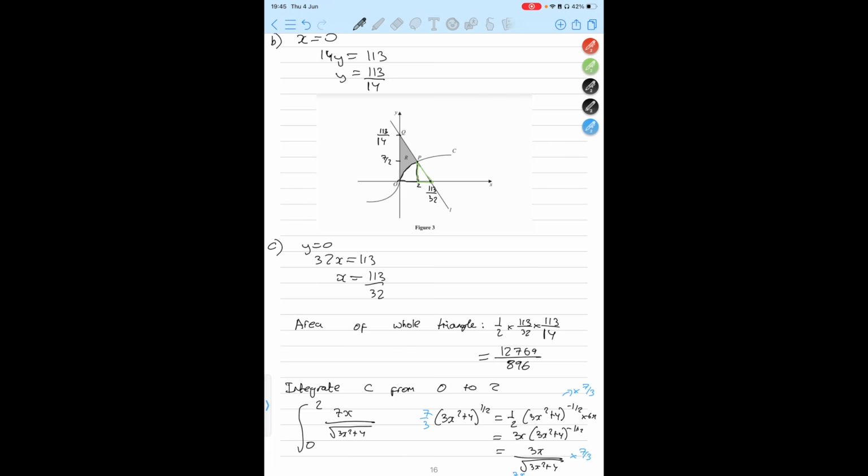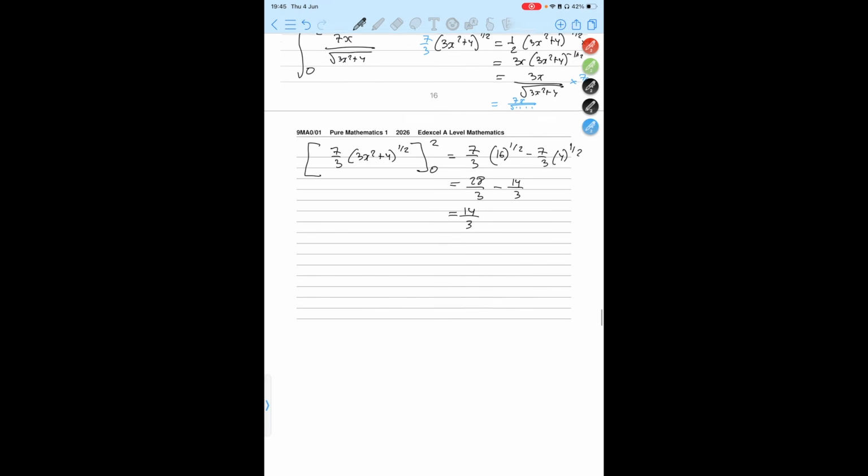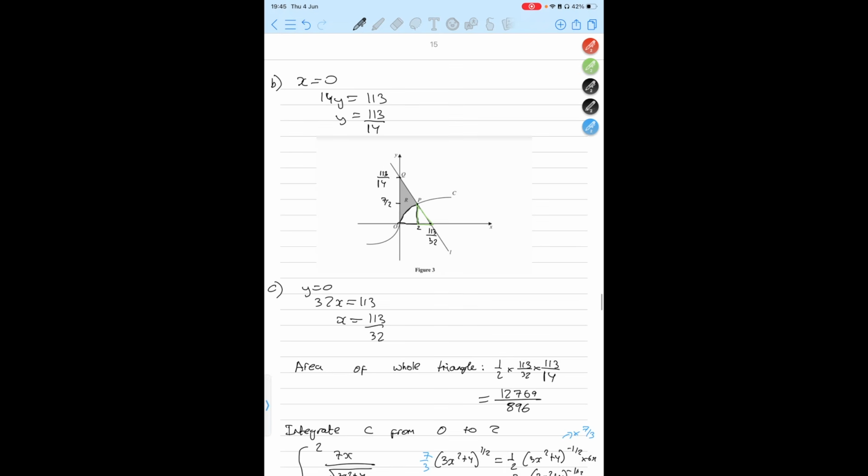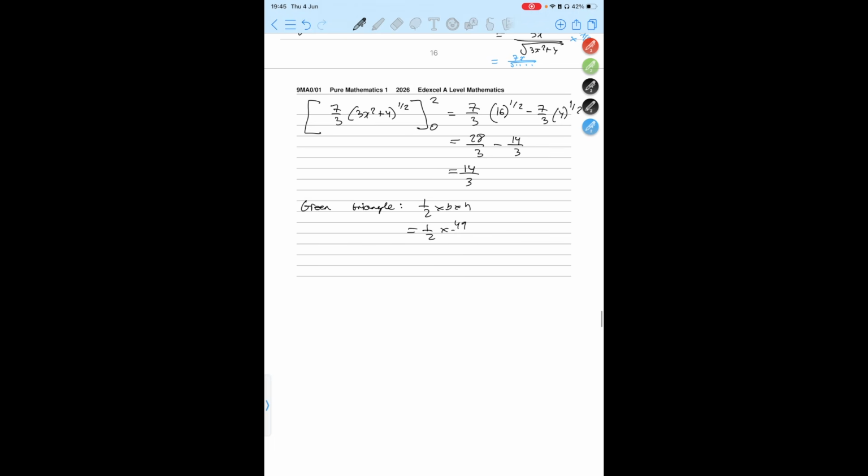All right, so I can find the area of that green triangle by doing half times base times height. The base here is going to be, I'm just going to double check it because I don't want to make a mistake here, 49 over 32 times 7 over 2.